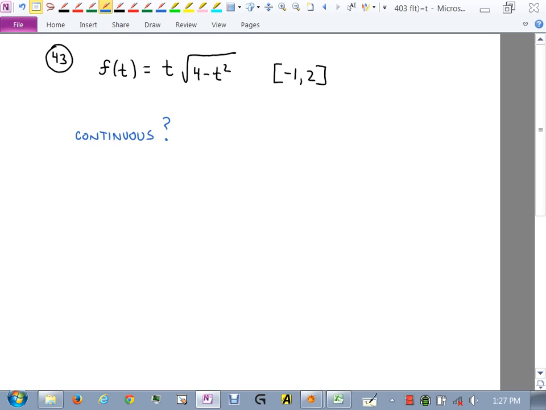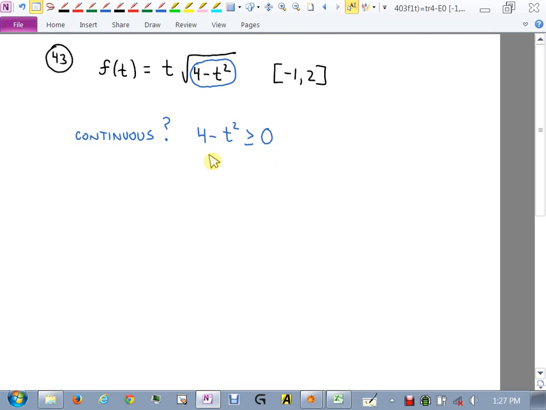Meaning, wherever this function is defined, we can draw it without picking up our pencil. But there are going to be some places where it may not be defined at all. So let's talk domain. I know that 4 minus t squared cannot be negative, right? Can it be 0? Yes, it can be 0.